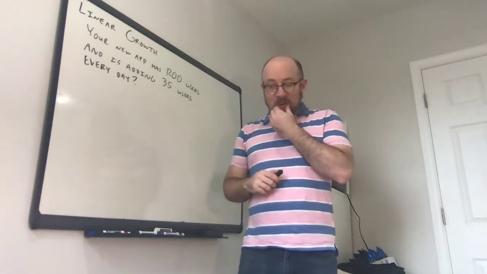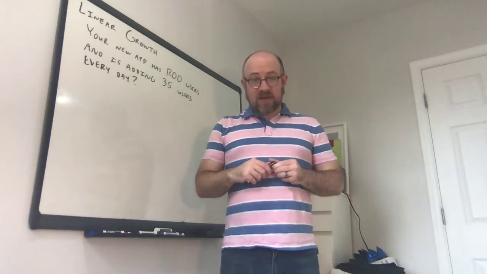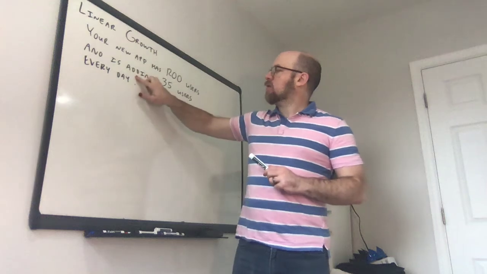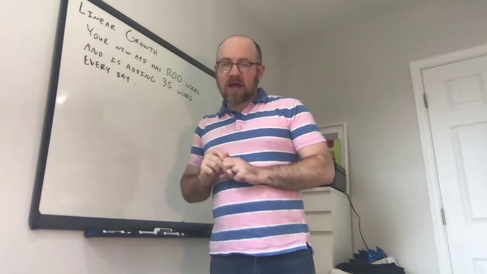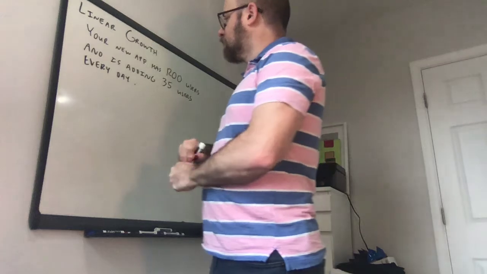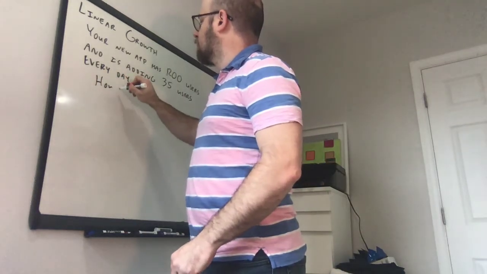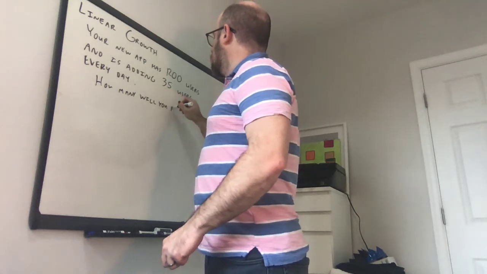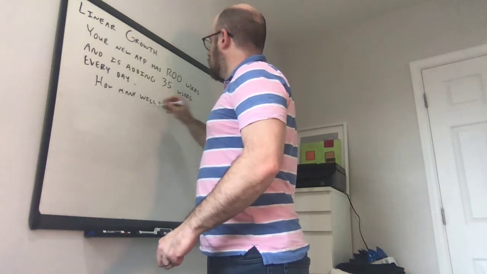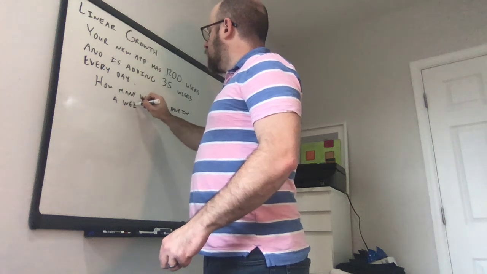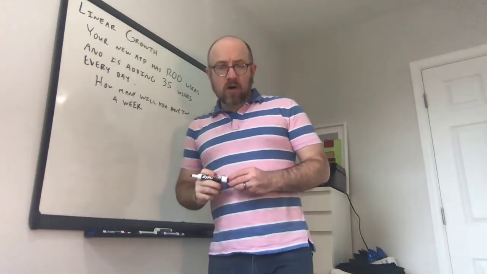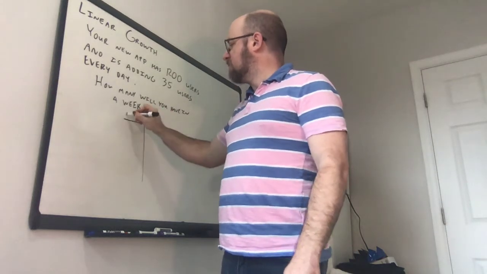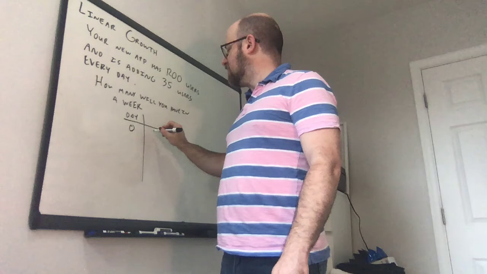Okay? So there are a couple different ways that you can approach this problem. Say you want to know how many users you will have in a week. Well, you can work from this very logically, right? So basically, you know how many you have on day 0.